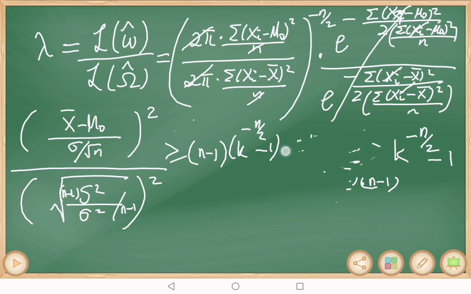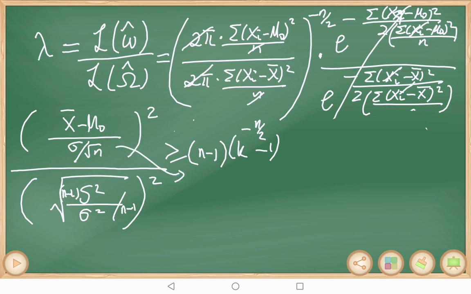So once we have manipulated the likelihood ratio into this form, then it is clear that the numerator here has a standard normal distribution under the null hypothesis, because x is normal with mean mu naught and variance sigma square, right?